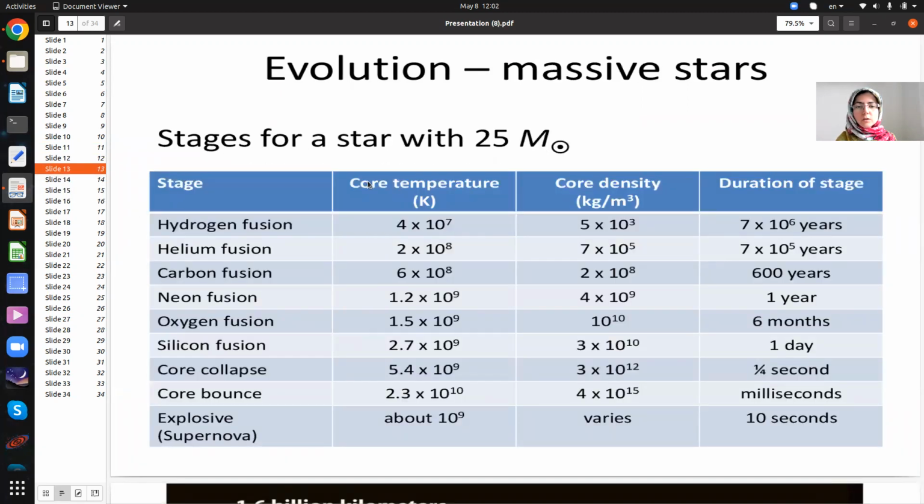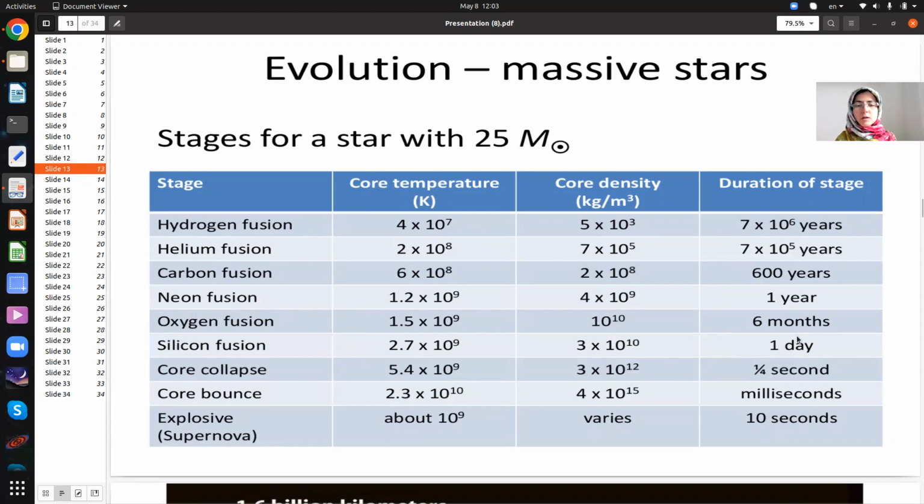You see the stages for a star with 25 solar masses, or massive stars. The stages start with hydrogen fusion. You see the core temperature is 4 × 10⁷ and the core density, and the duration of the stage is 7 × 10⁶ years. And then helium fusion, and then carbon fusion, neon fusion, oxygen fusion.